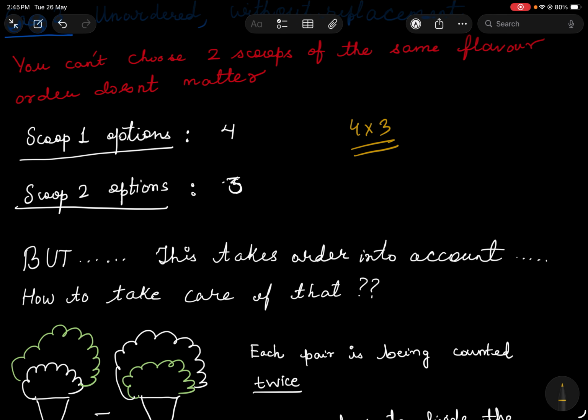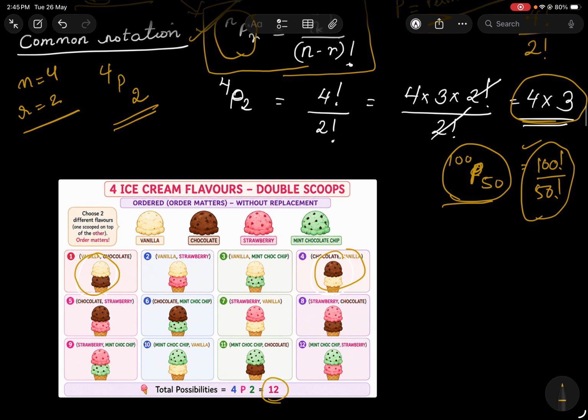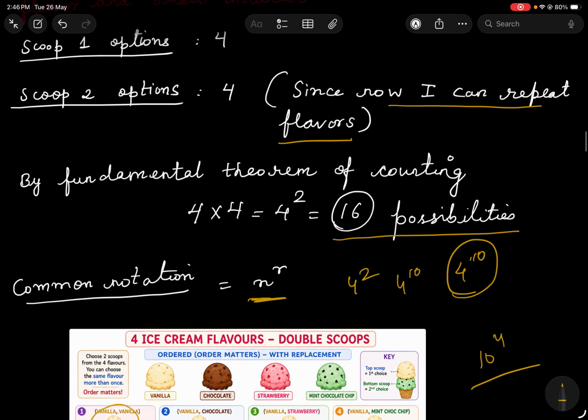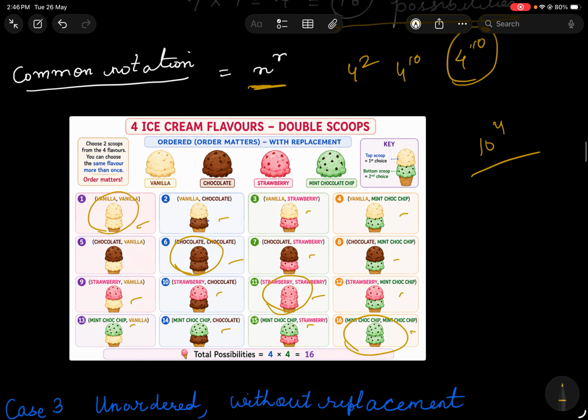This is not, so this basically is just giving me 12, which is our first case. And here 1 and 4, if you see, they are considered as two separate choices of ice cream scoops. But for my case, what I'm saying is 1 and 4 is actually just one option. All right, for that ice cream person, he's just saying, you tell me what 2 scoops you want. I don't care what order you want it in.